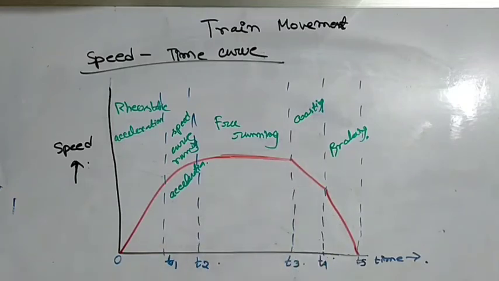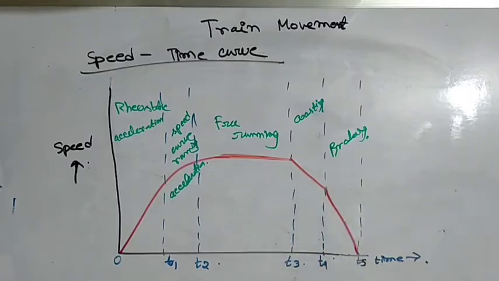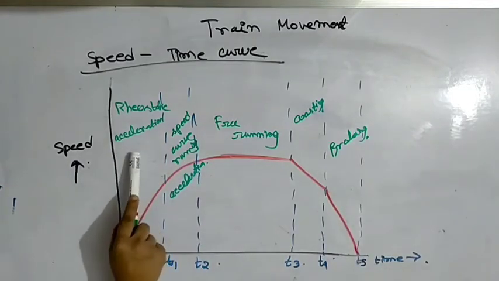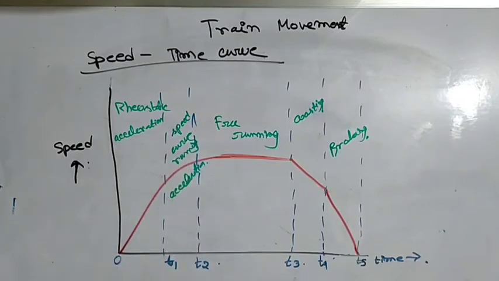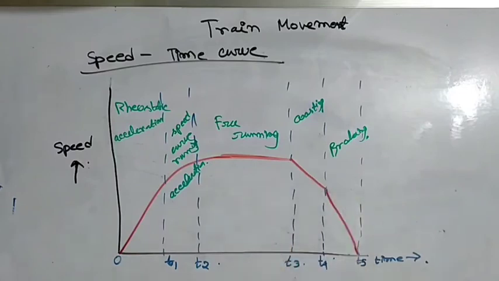Now in this period the train runs by its own momentum, and T4 to T5 is known as braking, and the brakes are applied to bring the train to stop. Okay, so this is the speed time curve, and this curve is divided into rheostatic acceleration period, speed curve running period, free running period, coasting period, and braking period.